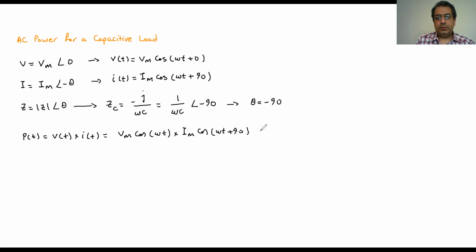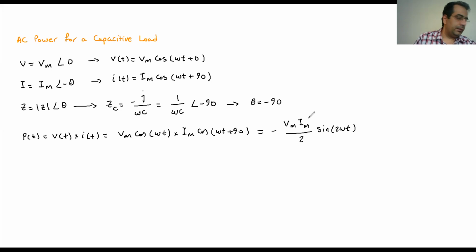And then if I do the calculation, eventually I would get the negative Vm Im divided by 2 times sine 2 omega t.